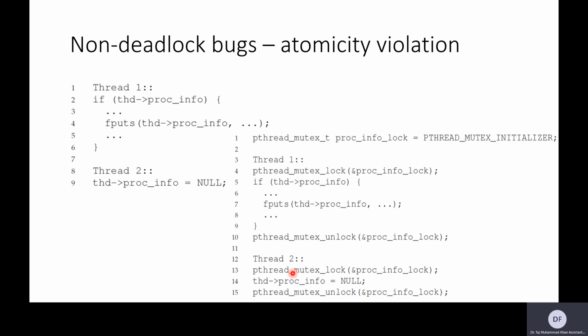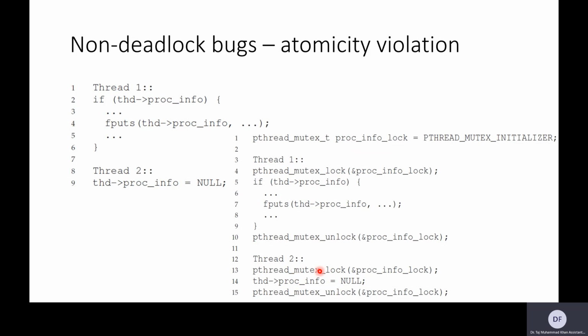Since this lock is global and shared between these two threads, and from the behavior of locks, we know that only one thread can acquire a lock at any given time. Therefore, if thread 1 has acquired the lock, it has checked that the pointer is not null and it has gone inside the if body. Let's say at line number 6 there's a context switch and thread 2 runs. Before making the pointer null, it will try to acquire the lock.